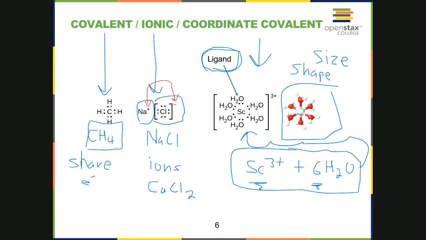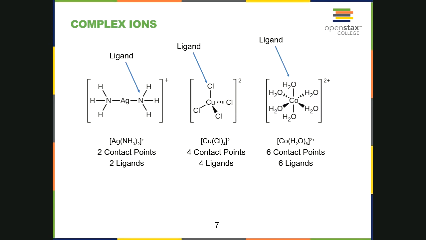Okay? So now we're going to go to 3 examples of some coordinate covalent complex ions. And this first one, this is the one that we talked about in chapter 5, where we have silver and we have ammonia with it. And the ammonia is the ligand.